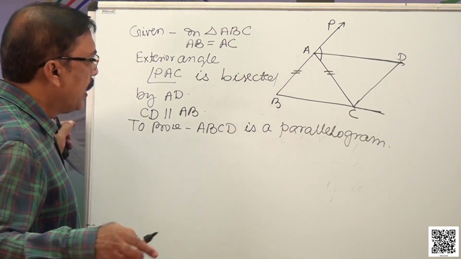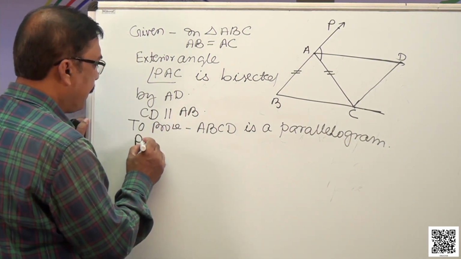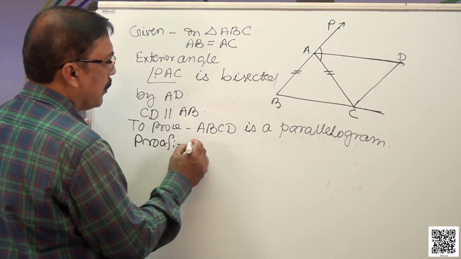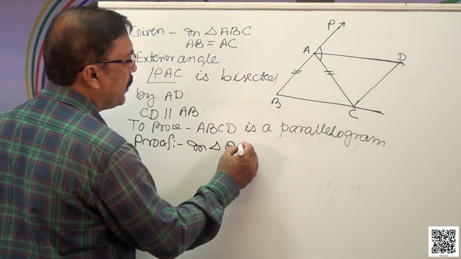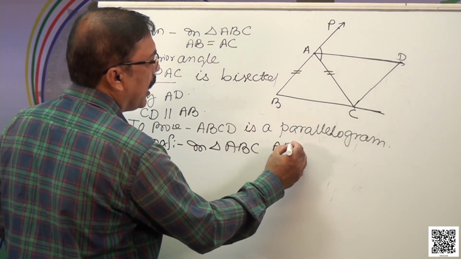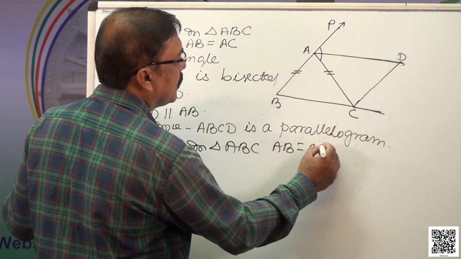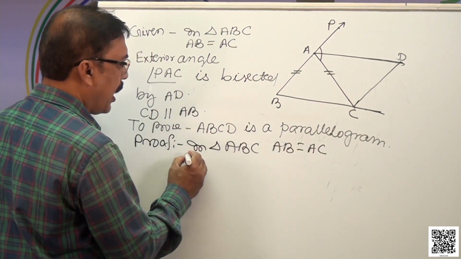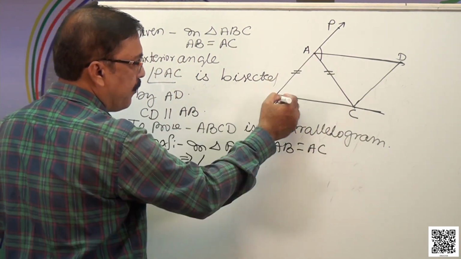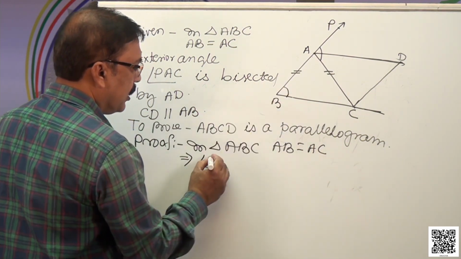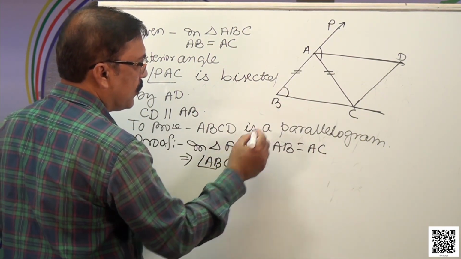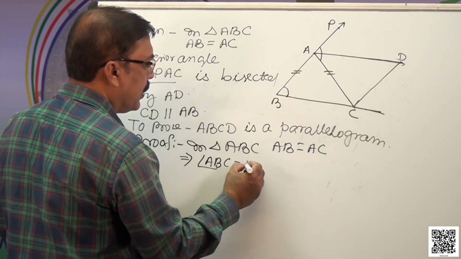As in triangle ABC, AB is equal to AC, this implies angle ABC is equal to angle ACB.